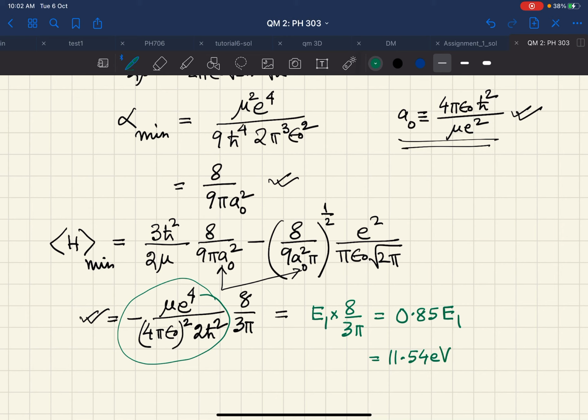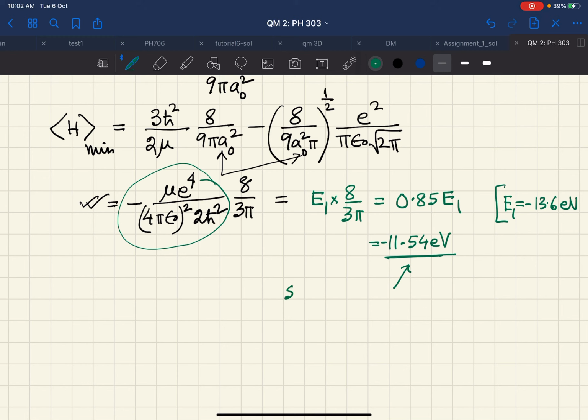11.54 electron volt. So we see that minus 13.6 electron volt was the ground state energy of the hydrogen atom. And using the variational method, what we have obtained is this number, which is, I think I have a minus sign here, yes, which is slightly higher than the actual ground state energy.